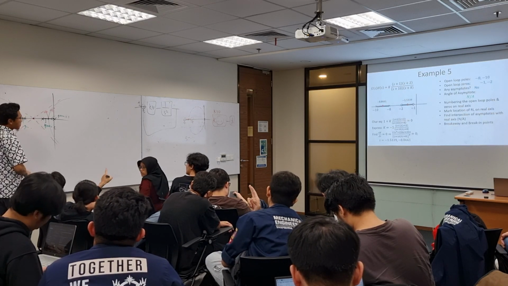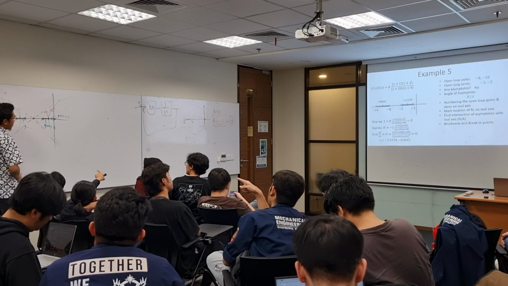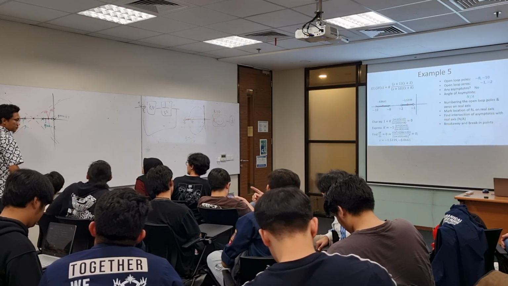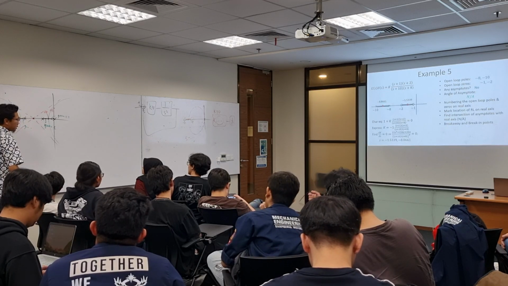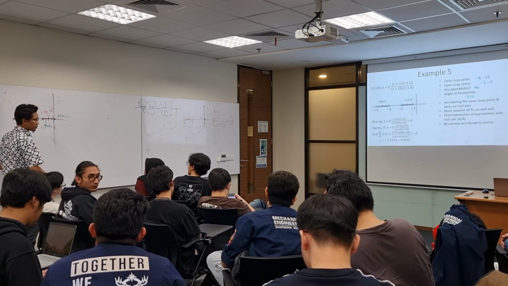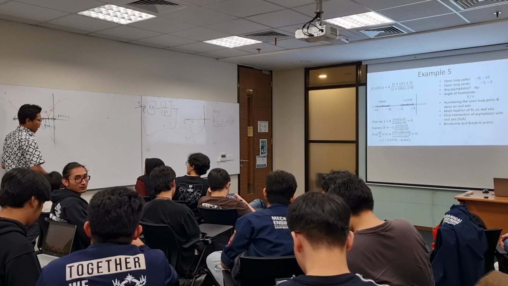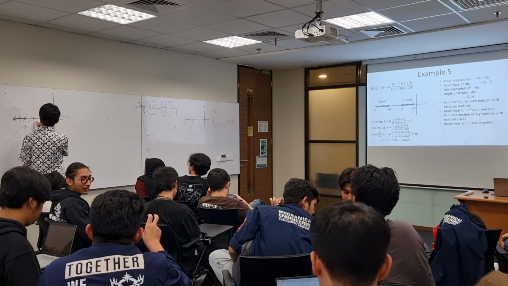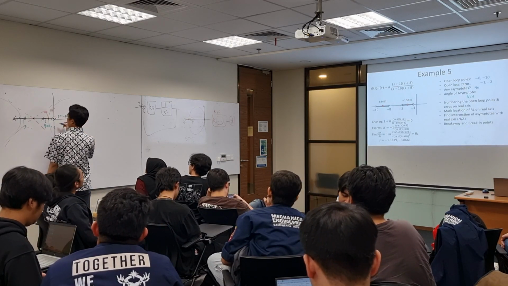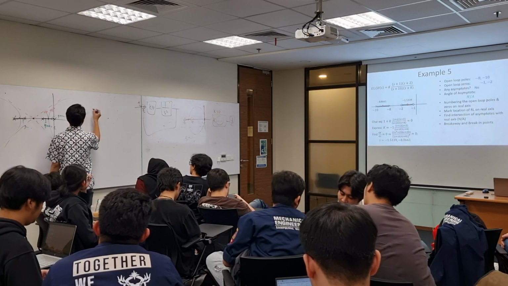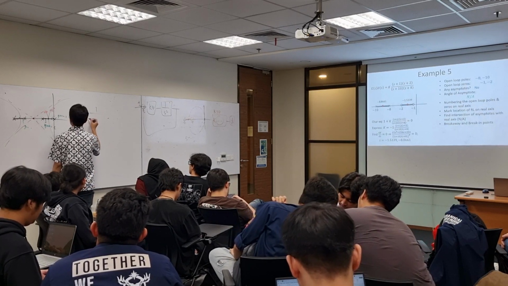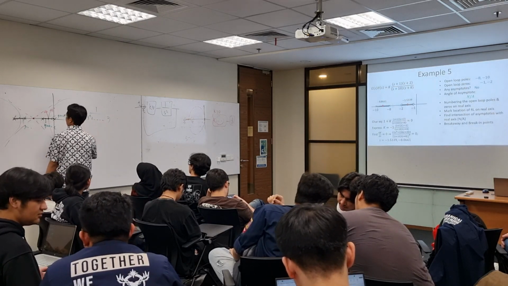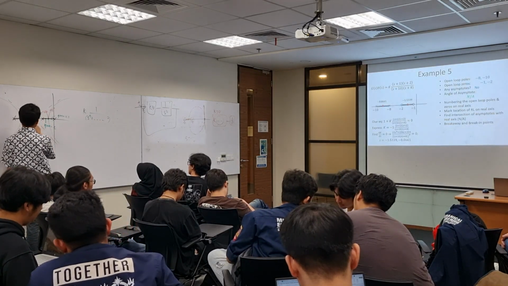If one of your poles is 0, there's a gain for each pole. We have K times 1 over S to the power of 4 plus and so on, because there are 4 poles.